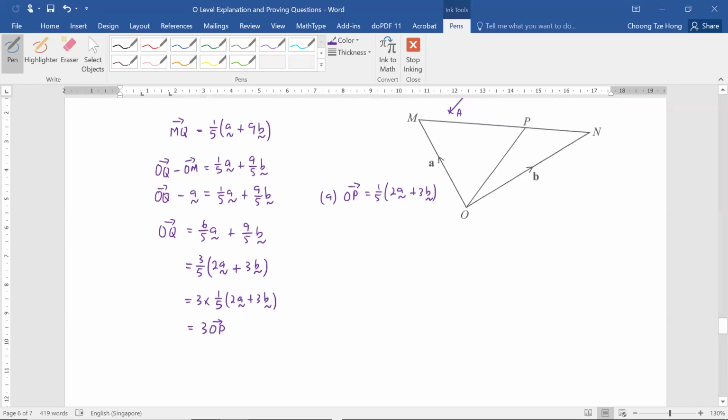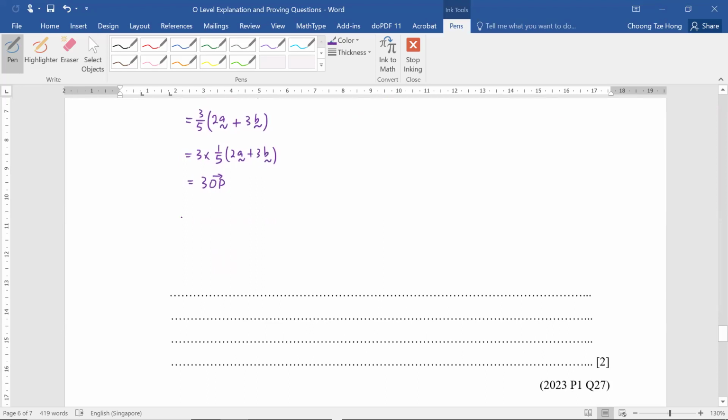So let's summarize this in a statement. Let's write it down in the line over here. What we can say is that OQ is a scalar multiple of OP. If two vectors are scalar multiples of each other, this shows that they are parallel vectors. Because they are parallel vectors and they share a common point, the 3 points have to be on the same straight line.